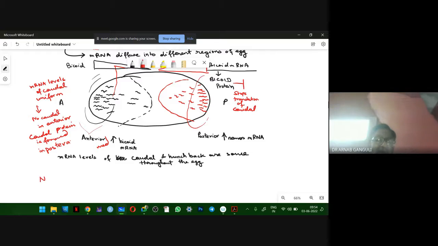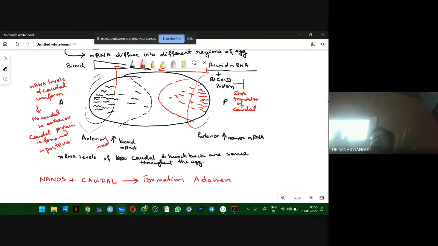So nanos protein plus caudal protein, we have seen they are responsible for formation of the abdomen. So already, depending upon where bicoid concentration is high or nanos or caudal concentration is high, a polarity is formed. You know which side is going to form the head and which side is going to form the abdomen. The polarity has been established.